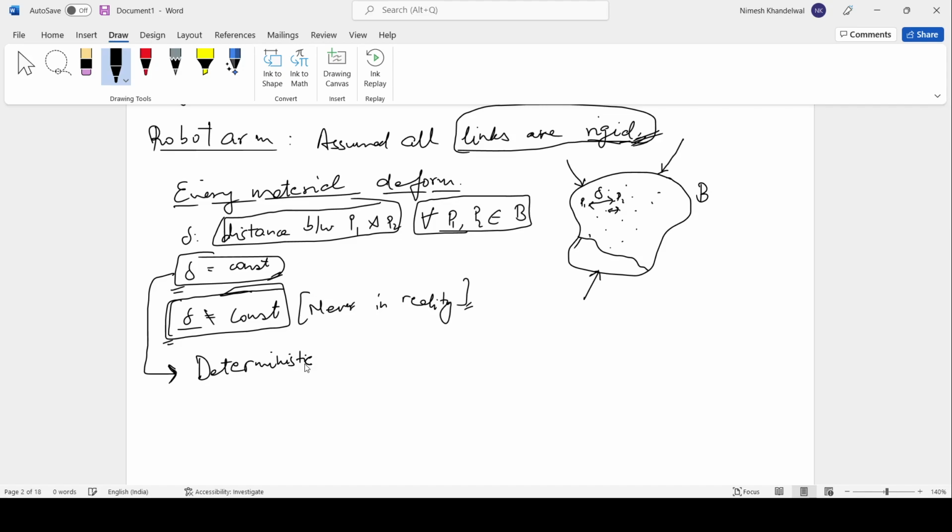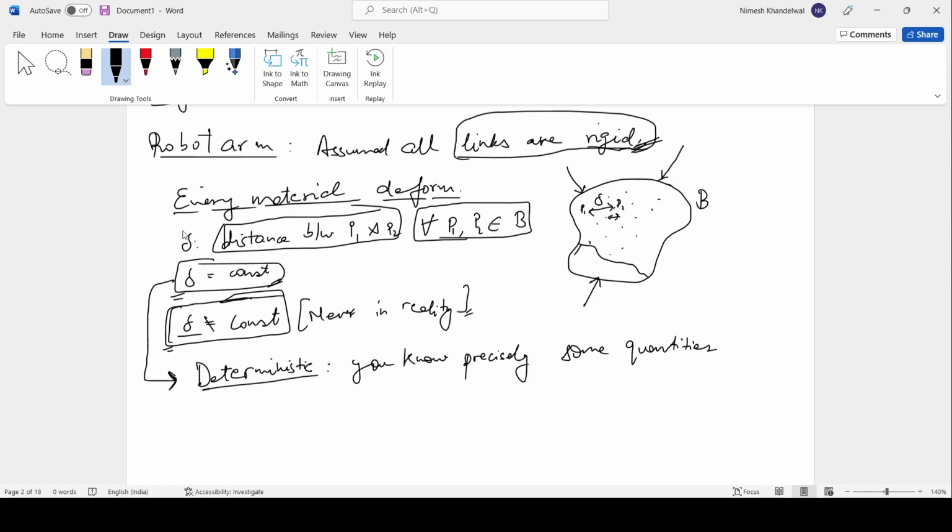Deterministic basically says that you know precisely about some quantities. There is no doubt in their values.